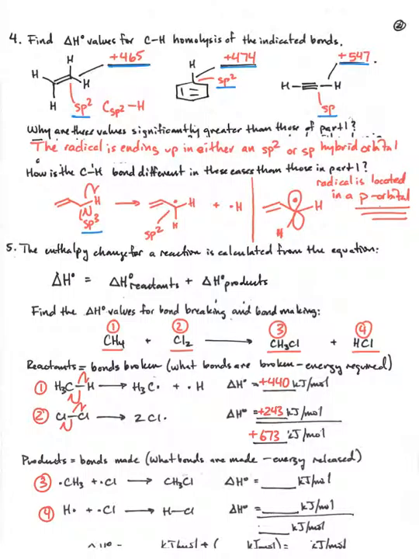For the products, we are forming bonds, and so energy is released. So this radical combines with that radical to get methyl chloride. And this is going to release 352 kilojoules per mole.